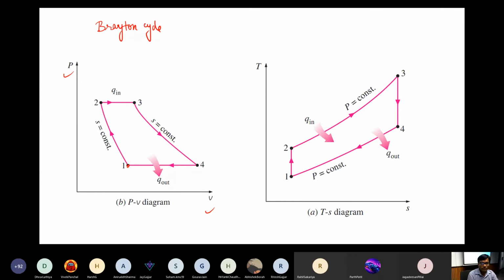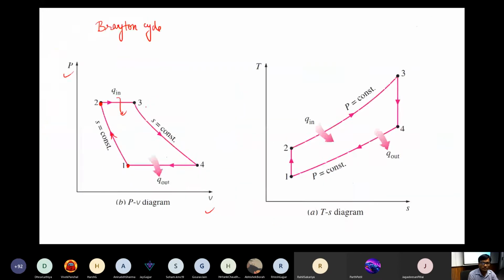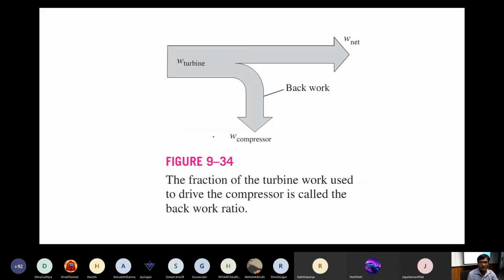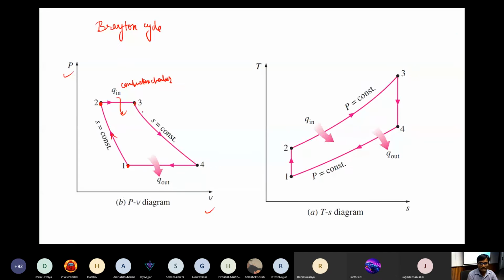So from 1 to 2, it goes isentropically to 2. After 2, Q in is added through the combustion chamber, and from 3 to 4 it is again expanded through the turbine, and this turbine is again an isentropic device.